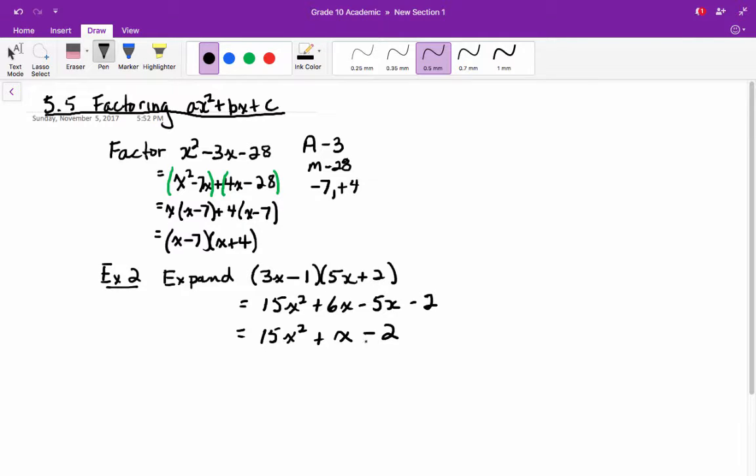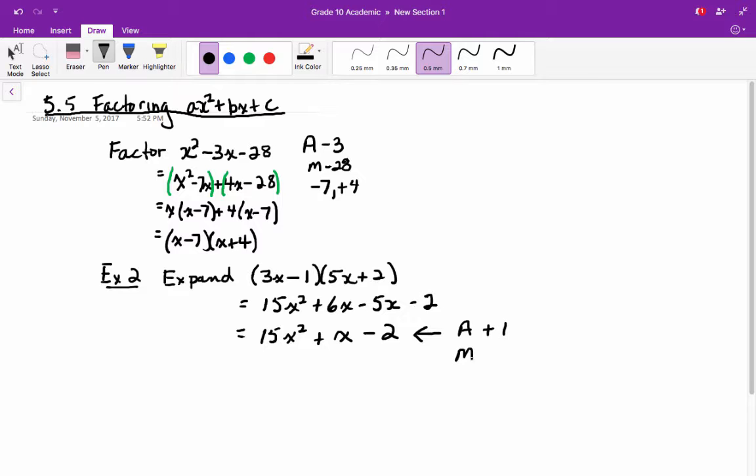Now we're going to factor this time, but there's one extra step. We're going to factor this, and we're going to try to get this. One thing we didn't need to worry about in the first example is the a value, which is 1, whereas here the a value is 15. That needs to be part of the process where you decide what numbers work. So if you're given a trinomial like this, we find two numbers that add to b, so add to plus 1.